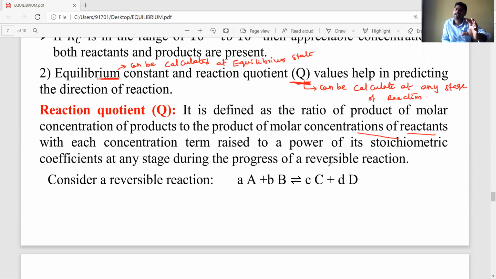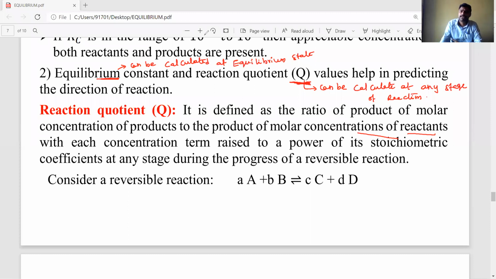So the definition for Q and K is the same, but the equilibrium constant is calculated at the equilibrium state, whereas the reaction quotient is calculated at any stage of the reversible reaction.